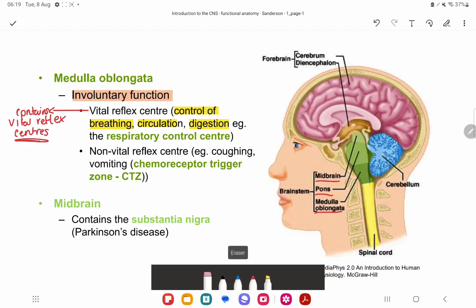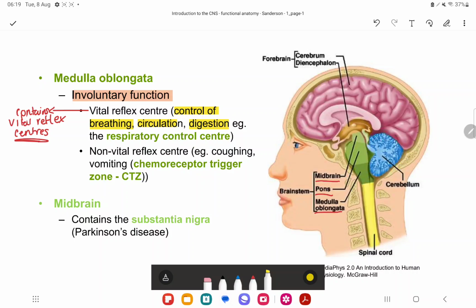All of these things are involuntary. We don't have control over them. So when you think of medulla oblongata, you're thinking involuntary function, i.e. breathing, circulation, and digestion.